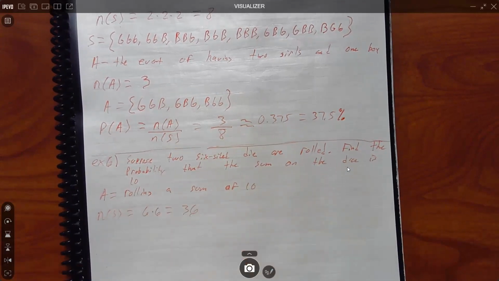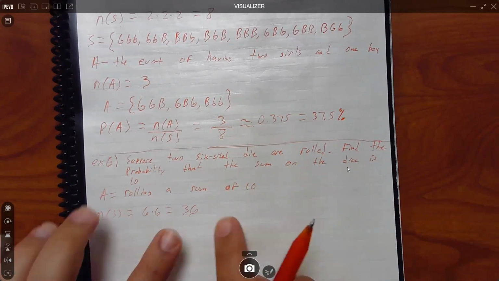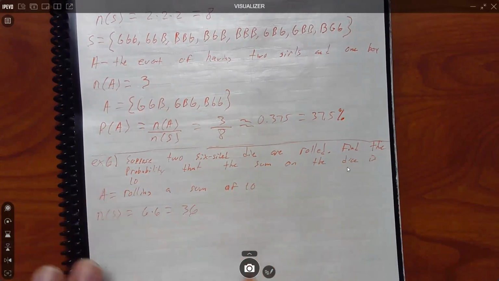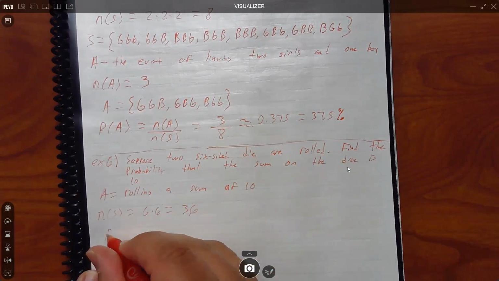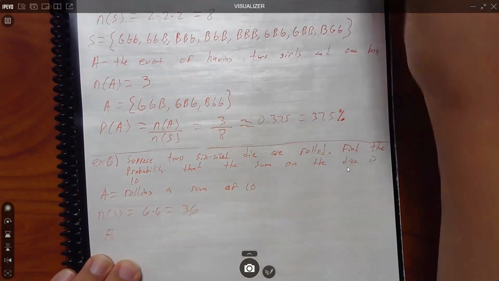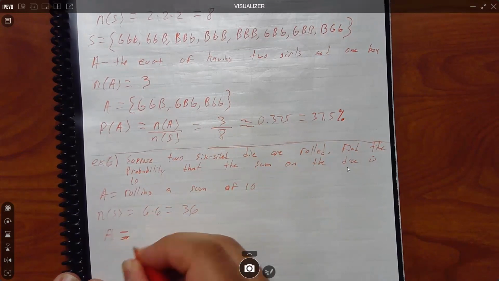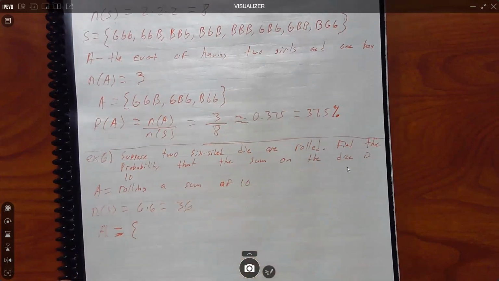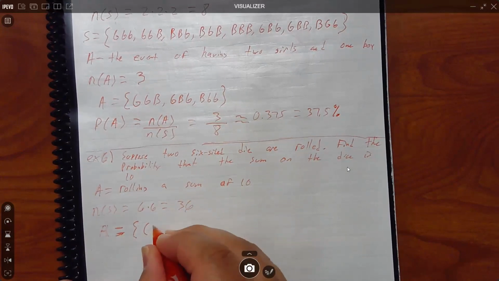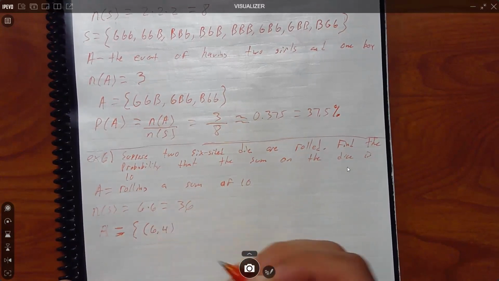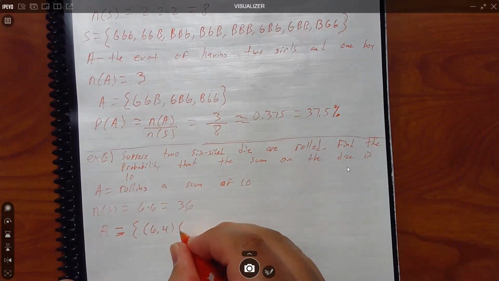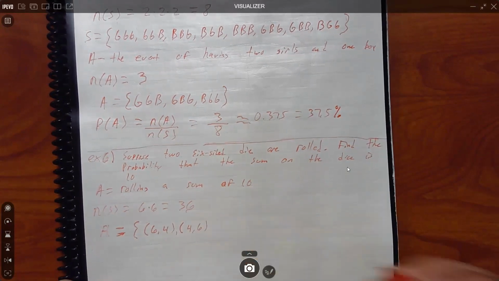I'm not gonna write all 36 down, because that's annoying, but this is the number that we're gonna need. But we will write down all the possible outcomes inside the A. I'm gonna write them as ordered pairs. 6, 4 will get me a 10. 4, 6 will get me another 10.